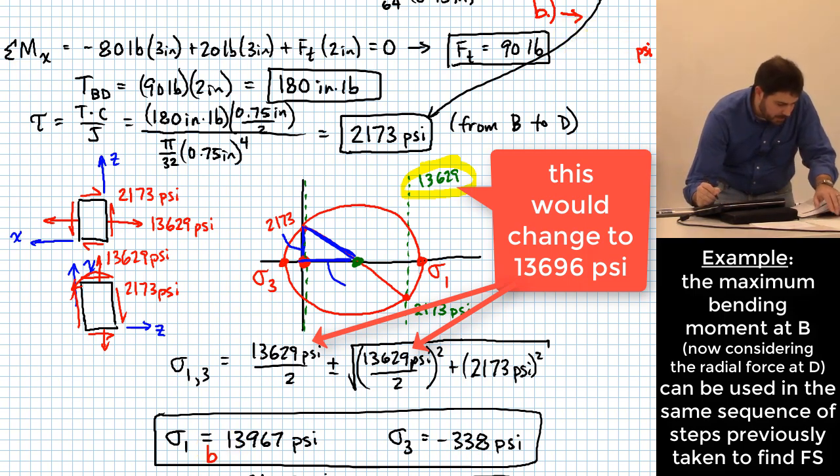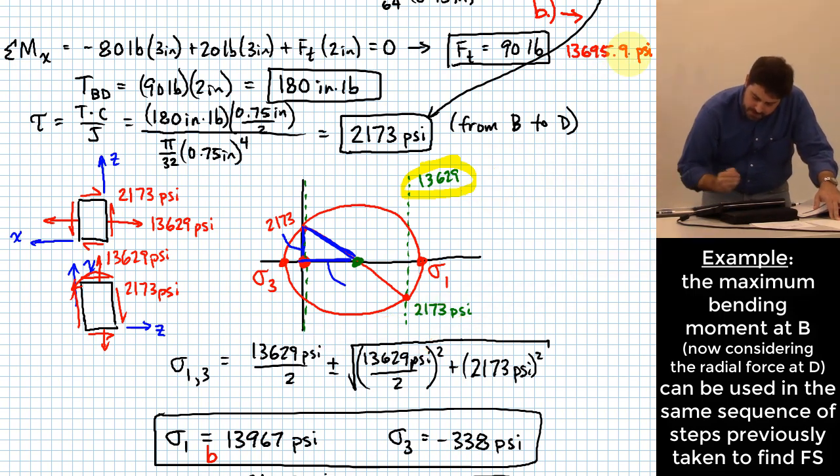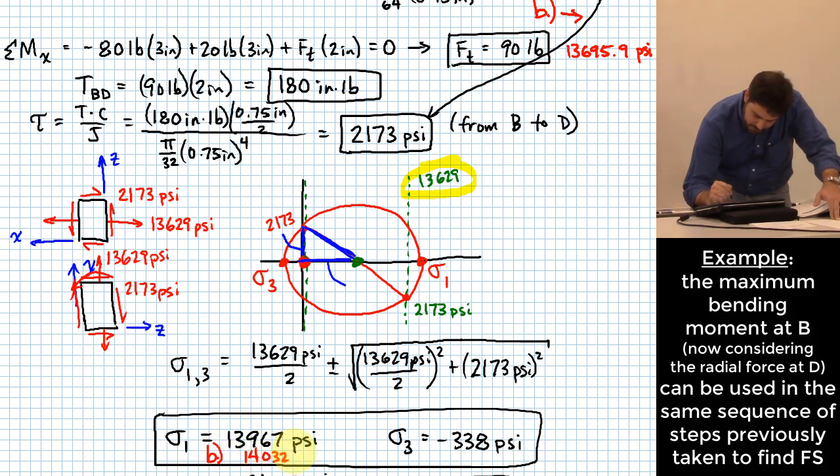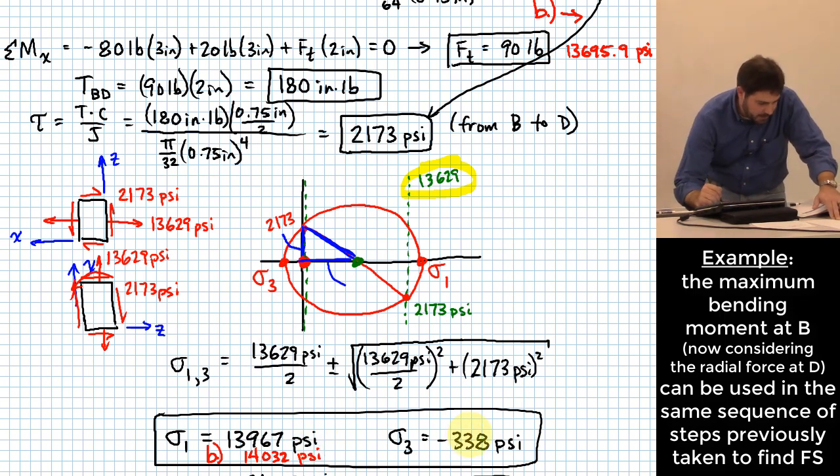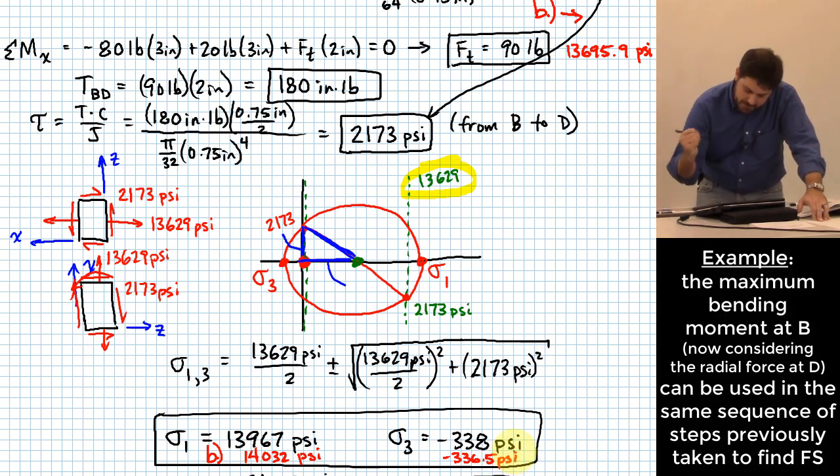This number wound up being 13,695.9 psi, and this down here for part B was 14,032 psi. And sigma 3 was negative 336.5 psi.